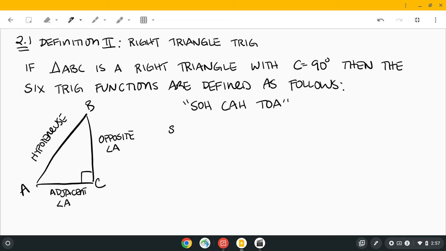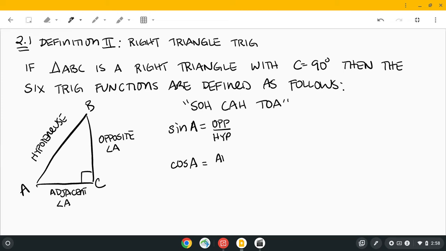So let's start with sine. Sine of A, according to SOH CAH TOA, is opposite over hypotenuse. Cosine A is adjacent over hypotenuse.